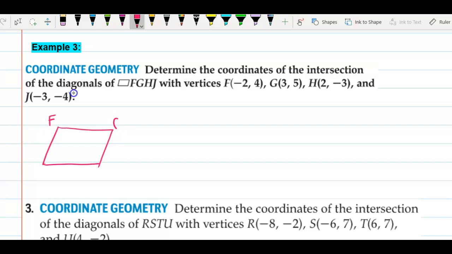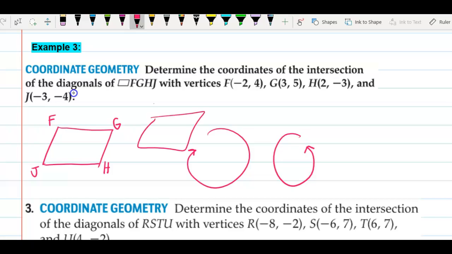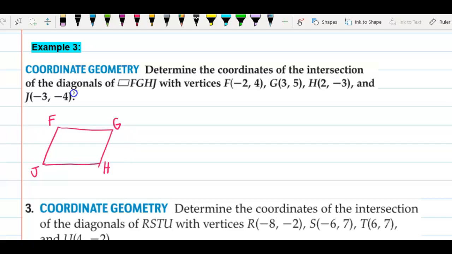So if that's F, then G either has to go down or across. Then H, then J. So you're always rotating all the way around, either clockwise or counterclockwise. Please do not label one as F, G, H, J. That's not legal. You're not allowed to jump across. Okay? So let's just imagine that this is our parallelogram.